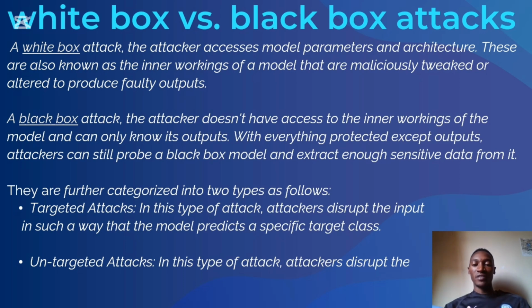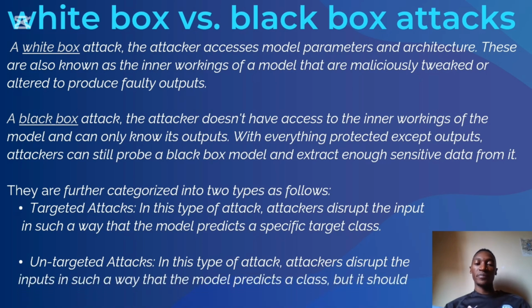And then the untargeted attack. In this type of attack, the attackers disrupt the inputs in such a way that the model predicts a class, but it should not be the true class. So in this case, the attackers really don't know what output they will get, but they make sure the model misclassifies the data that has been input.